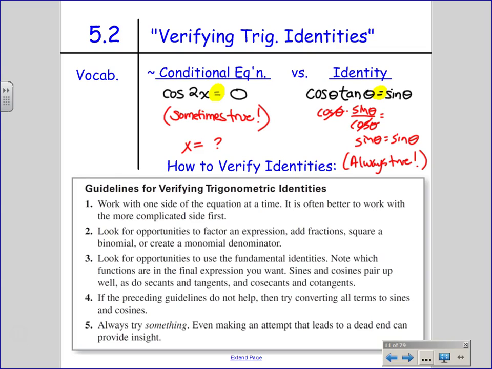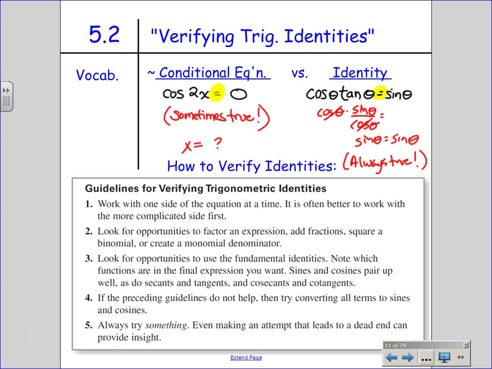For instance, pi over 4 would be one time when that equation is true. This one, only some x's work. But with this one, say cosine of pi over 3, tangent of pi over 3, sine of pi over 3: true. Cosine of 30 degrees, tangent of 30 degrees, sine of 30 degrees: true. Cosine of 17 degrees, tangent of 17 degrees, sine of 17 degrees: true. Cosine of negative 5 pi over 12, tangent of negative 5 pi over 12, sine of negative 5 pi over 12: true. This will always be true for any angle, the same in each and every one.